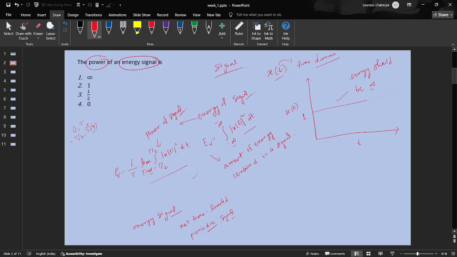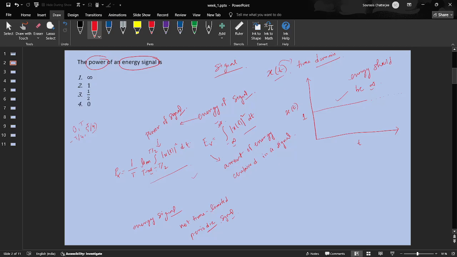What exactly do you mean by not being time limited? Because the periodic signal, its nature is the values continue for infinite time period. Okay, from that point of view, fine.